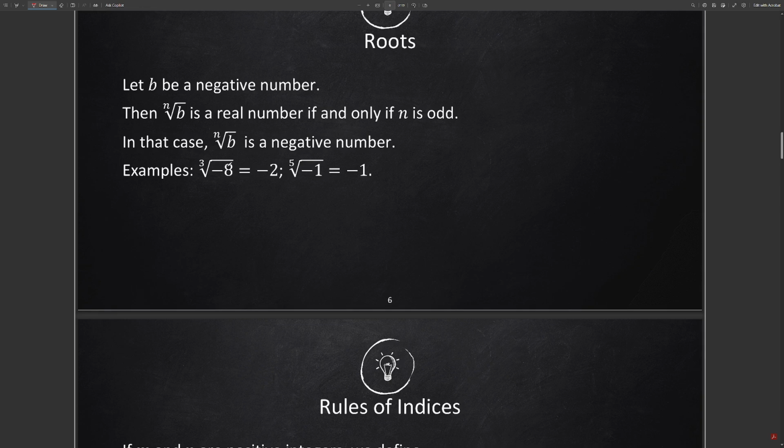So the nth root of 8, if you think about 8, 2 by 2 is 4, 4 by 2 is 8, right? But in that case, the nth root of b is a negative number, right? If what is inside here is negative, because negative 2 by negative 2 is positive 4, but positive 4 by negative 2, because we have one negative 2 remaining, will be negative 8.